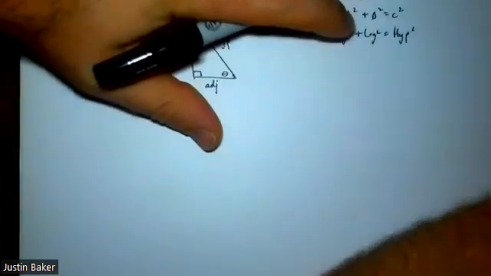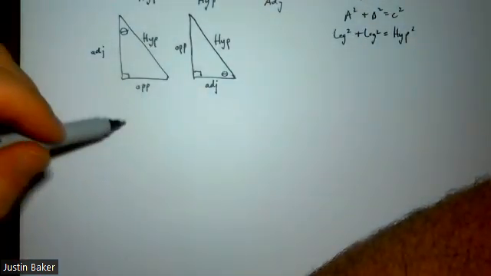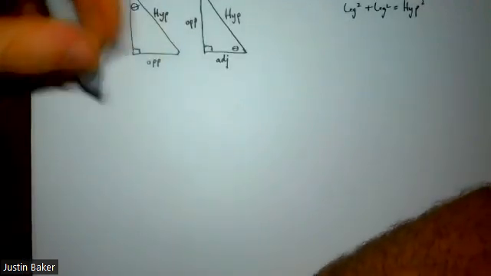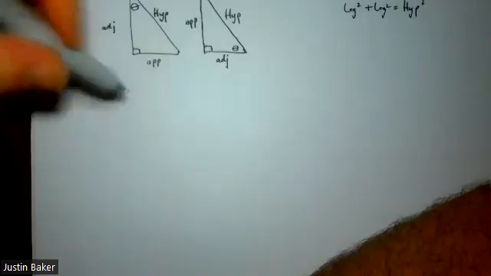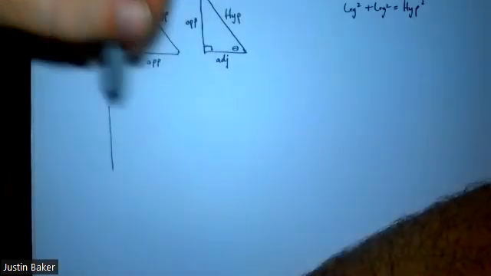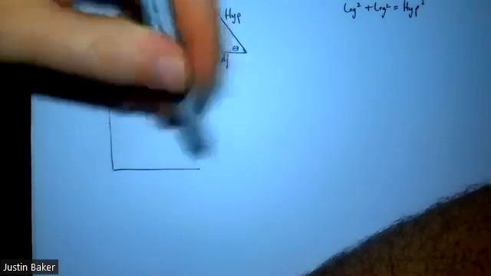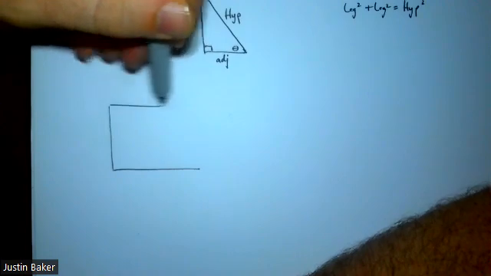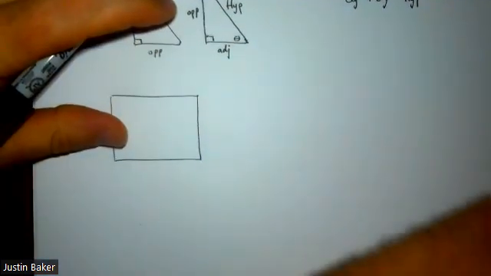So before we jump into the unit circle, I'd like to try and show you what's called the special right angle triangle ratios, basically is what they're called. Let's start with this square.